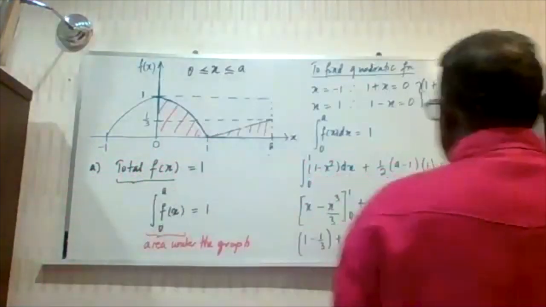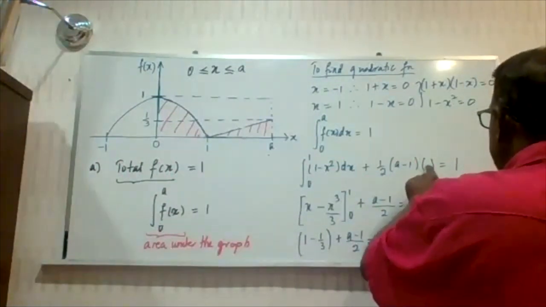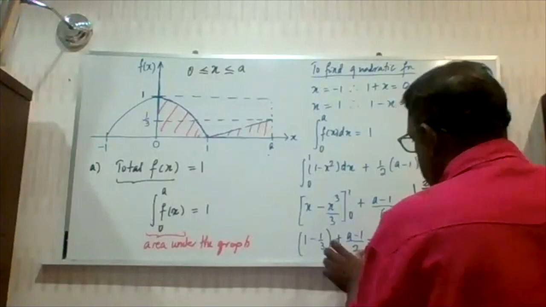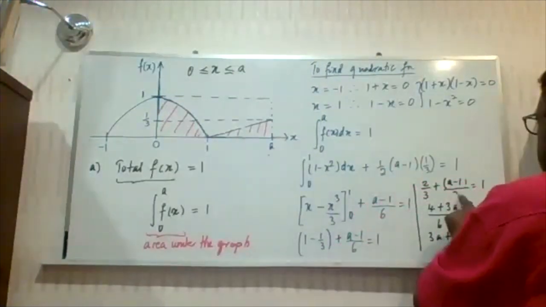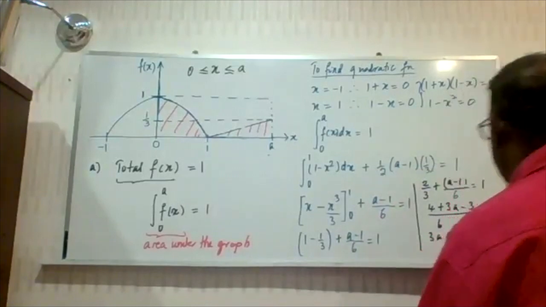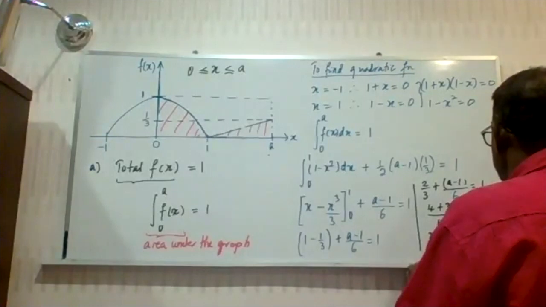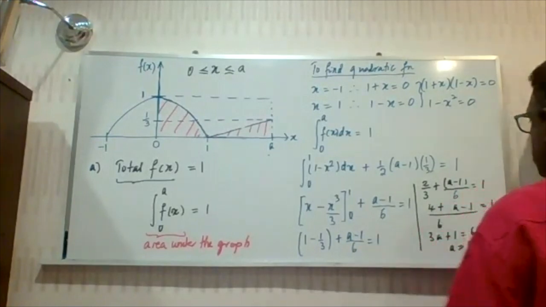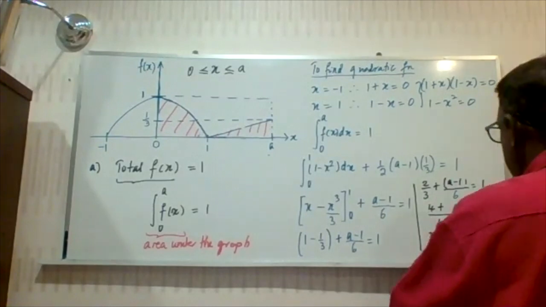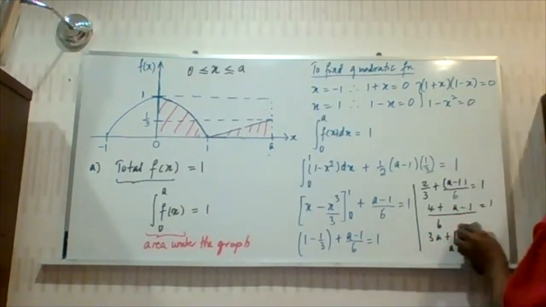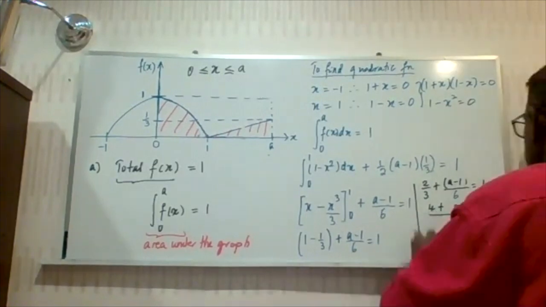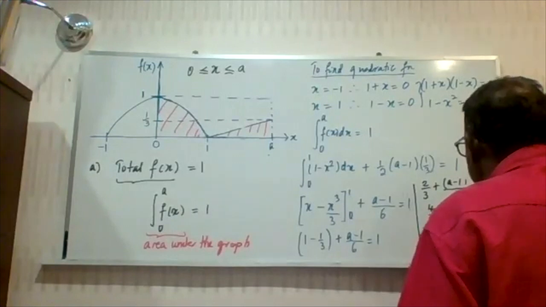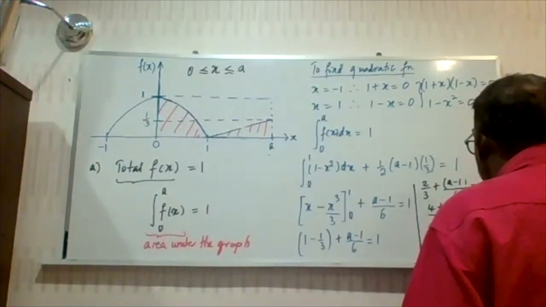So this is 1/3, which means that over 6 the terms become 2 plus 3a minus 3, so 3 plus a equals 6.